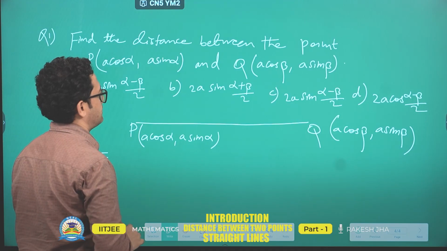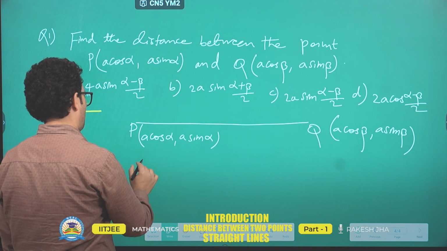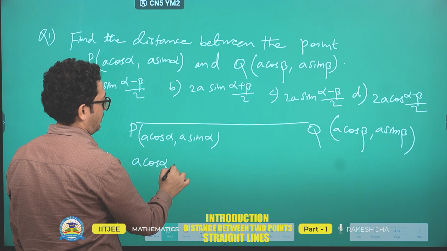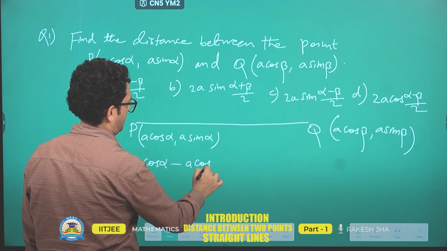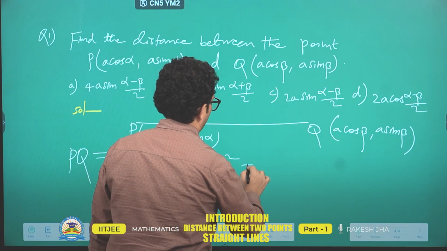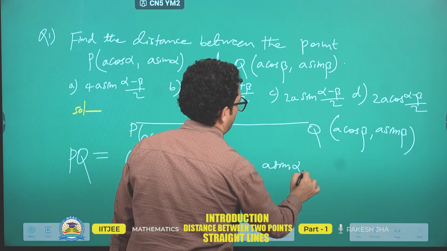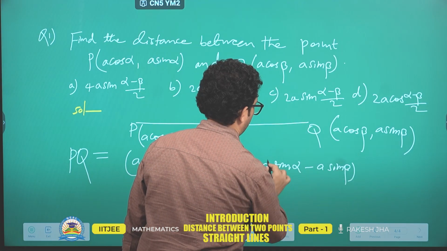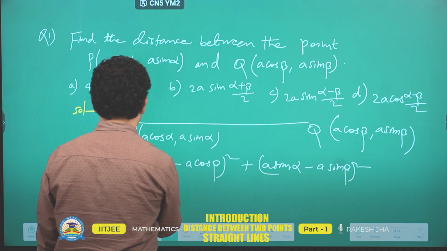PQ is the square root of a cos alpha minus a cos beta whole square plus a sin alpha minus a sin beta whole square.